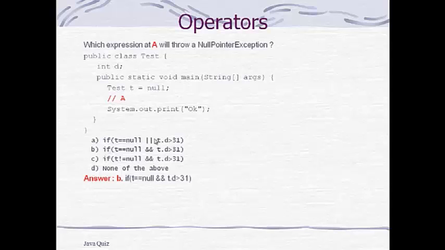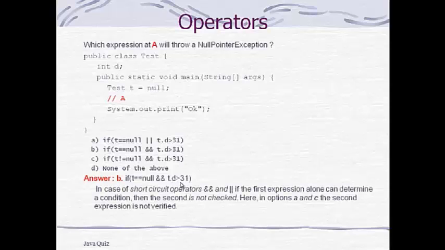The right answer is B. T equal null and T dot D greater than 31. What happens here is, because it is a short circuit operator, if the first expression can determine the result, then the second is not checked.